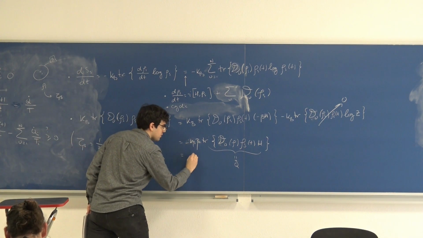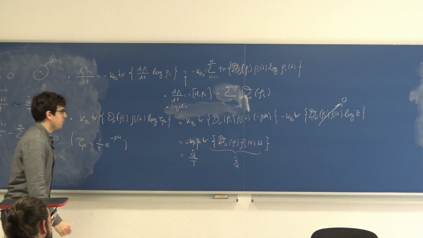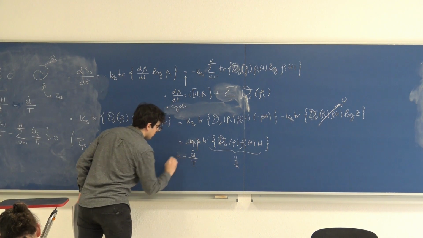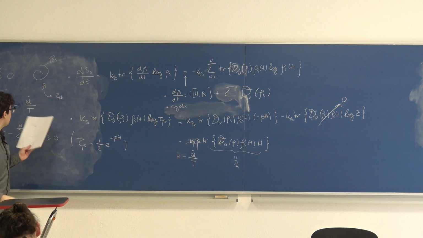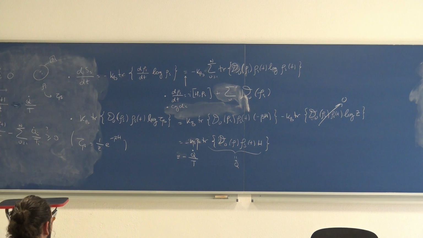In the case of B, it's minus Q over T. So I'm just trying to convince you that this term can be written like this. Okay, give me a second.